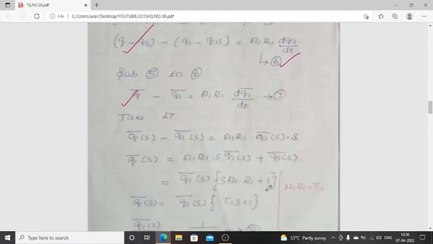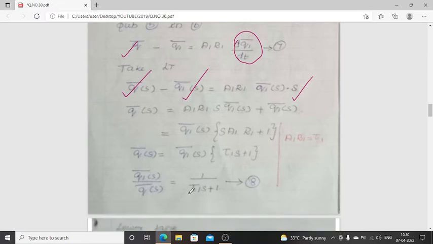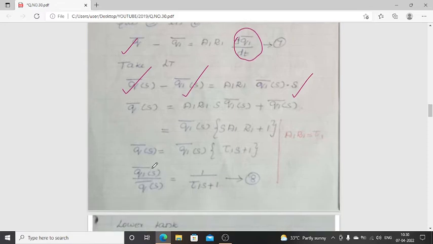Q bar goes to Q bar of S, Q1 bar goes to Q1 bar of S, and the right hand side A1 R1 dQ1 bar divided by dt becomes Q1 bar of S into S. Rearranging, Q1 bar of S divided by Q bar of S is a first order system, 1 by tau 1 S plus 1. This is the 8th expression.